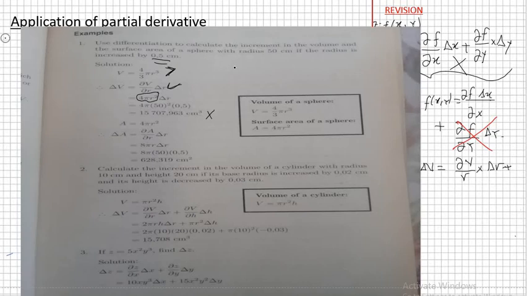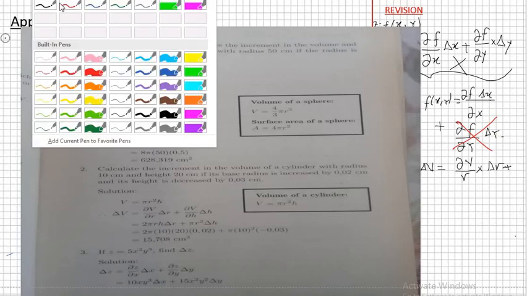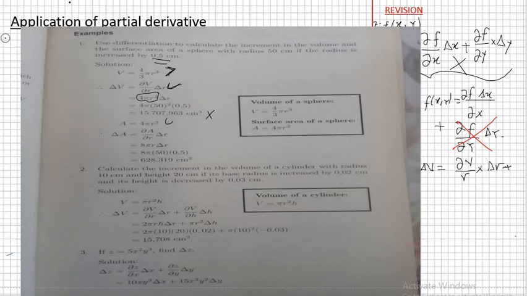And the second question, they want you to determine the change in surface area. Well, you first need to know the formula of the surface area of the sphere, which is given by 4 pi r squared. After that you're going to have to write down the formula to determine the change of the surface area.